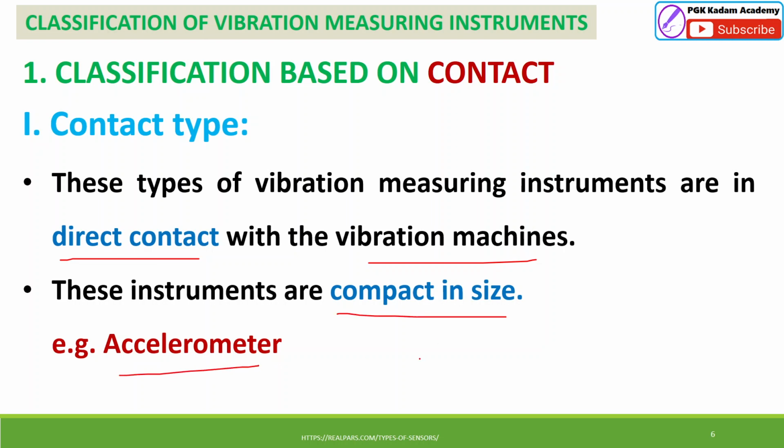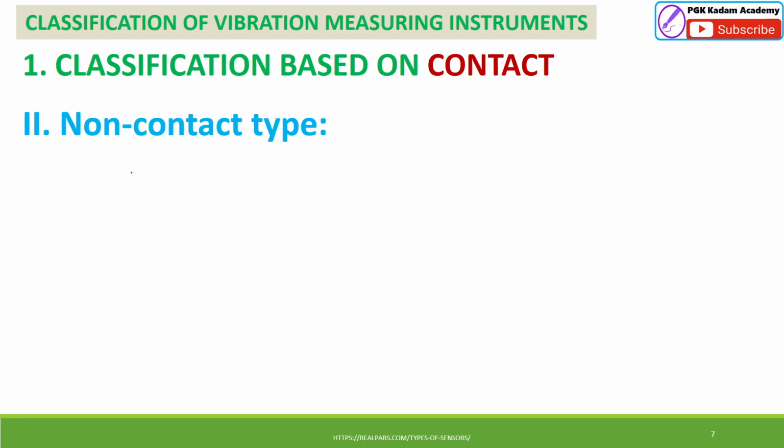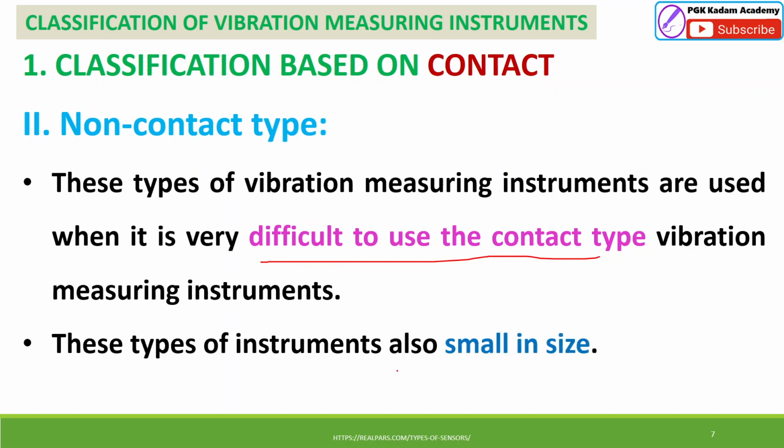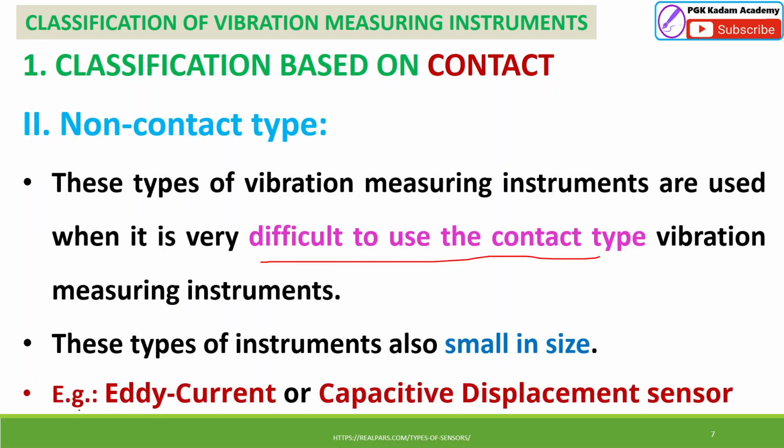The accelerometer is one type of contact instrument. Non-contact type instruments are used when it is very difficult to use contact type instruments, and they are also very small in size. One of these is the eddy current or capacitive displacement sensor.